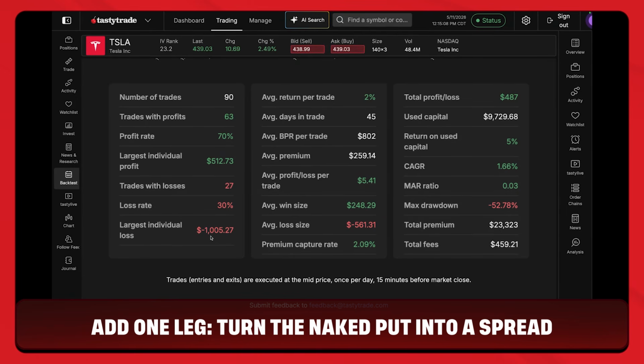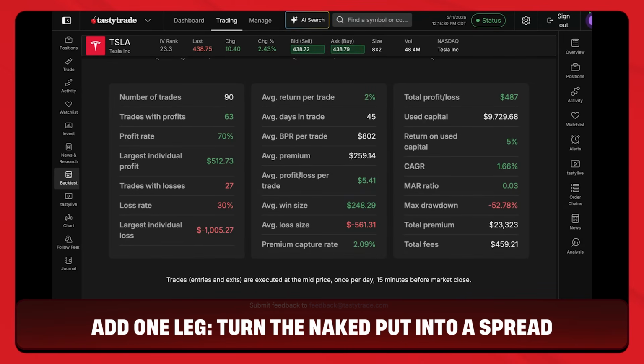So what that means is if I have a smaller account and I'm trading a stock like Tesla, which is $438, I can still trade that stock if I use a smart strategy, a defined risk, defined capital strategy like a short put spread. Do I make nearly as much money?